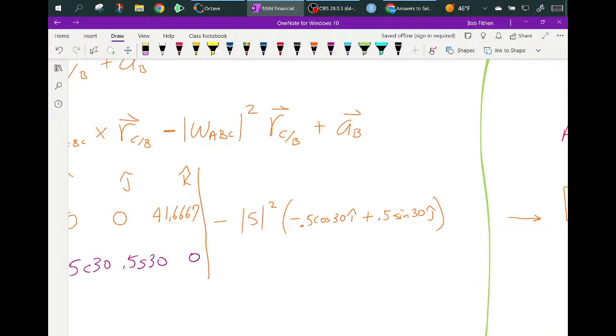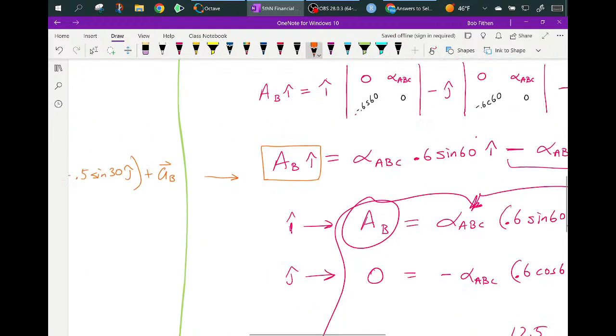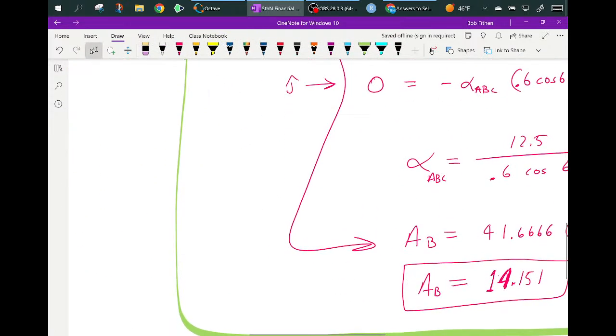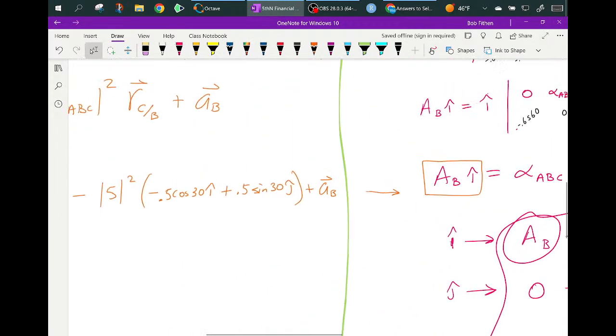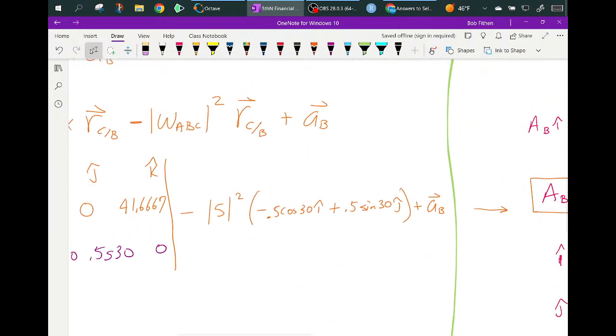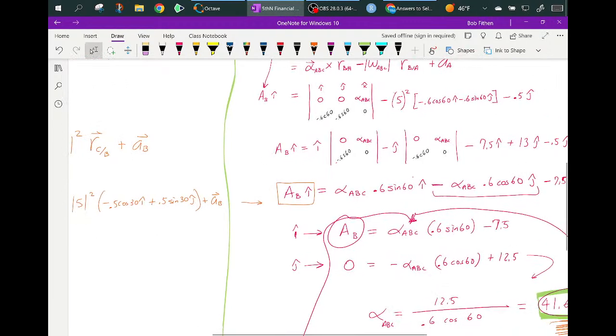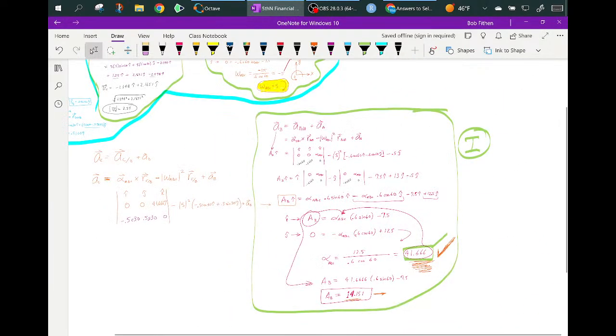Uh-oh, I'm running out of space. Plus acceleration B, which I actually have back here. This is this 14, but I don't have enough room to put it right now. Unless I did this. Here's what I'll do.